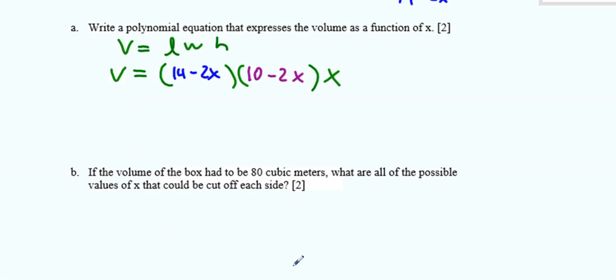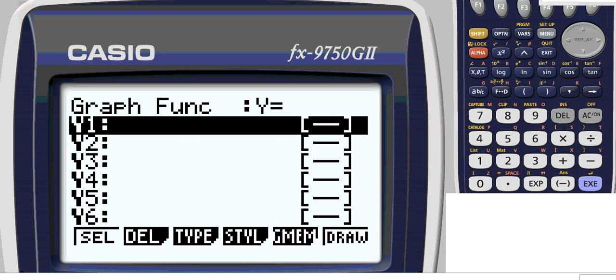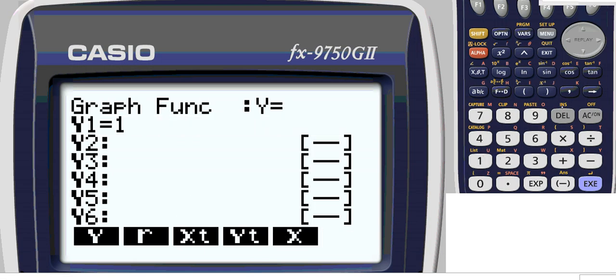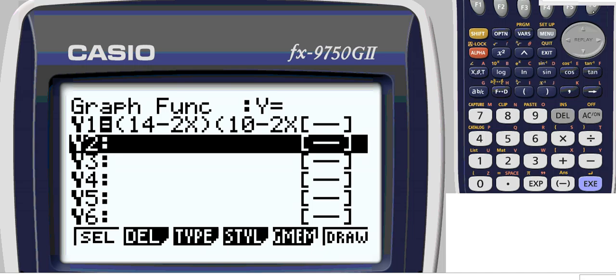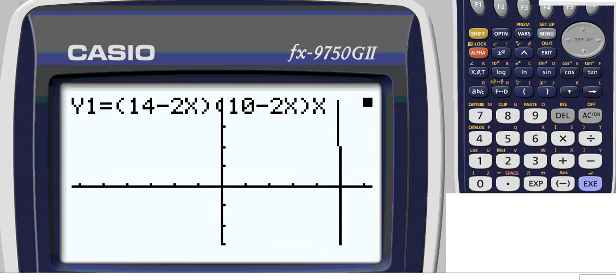It was 14 minus 2X, 10 minus 2X, and X. So parentheses. There's our volume function. I can draw it right now.